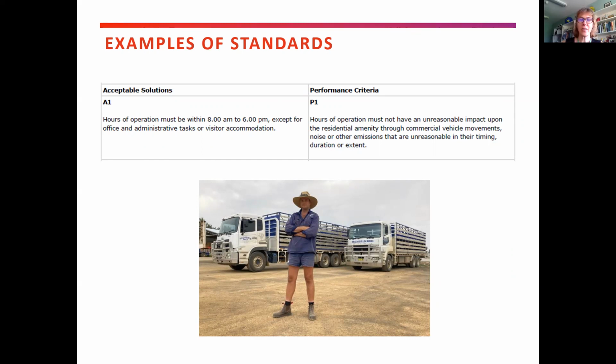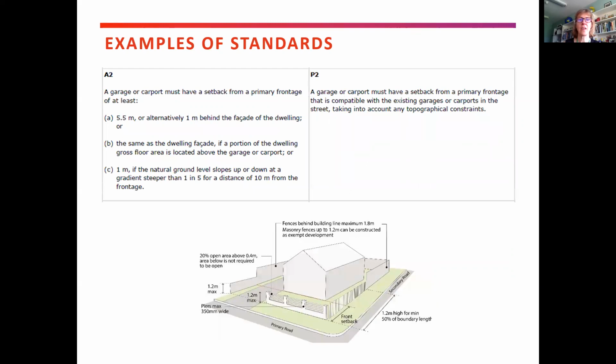Don't worry about the detail. It's just to get the gist of looking at what's acceptable and what is sitting outside what's acceptable, and therefore you have to look at the wording and agree on what's reasonable.